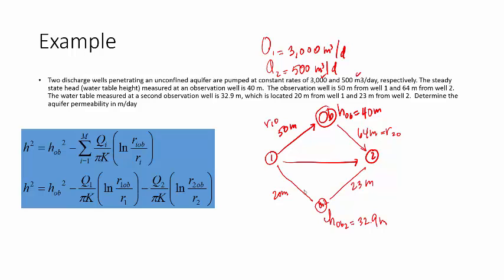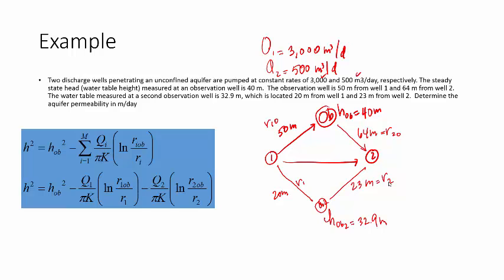So this distance here would be R1, and this would be R2. You could have it reversed, but you need to be consistent with your notation.